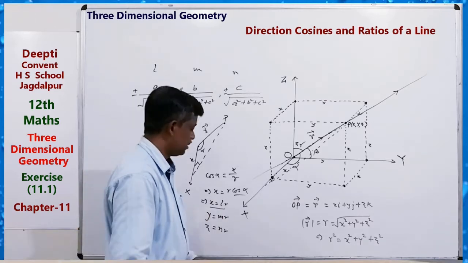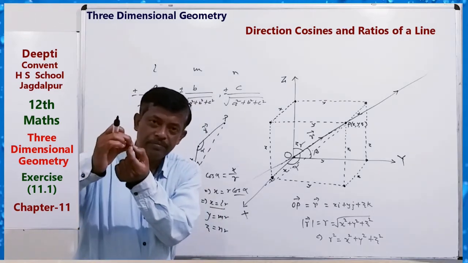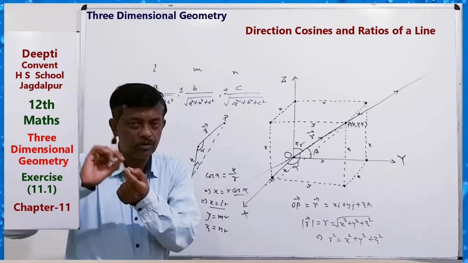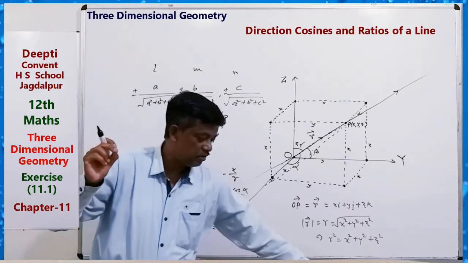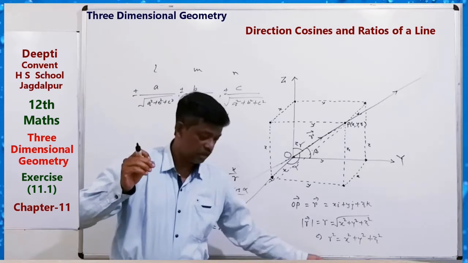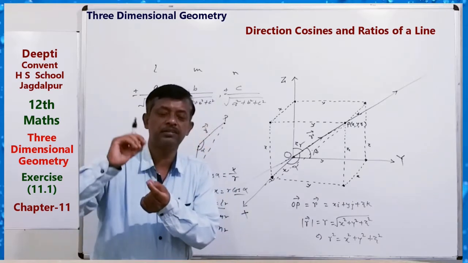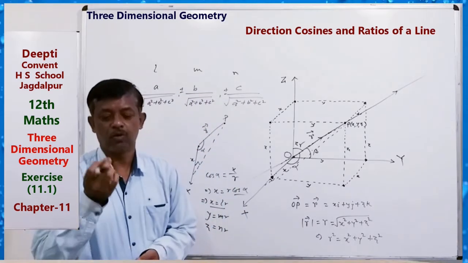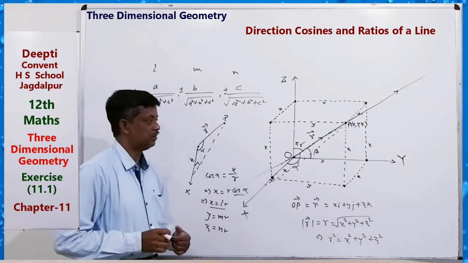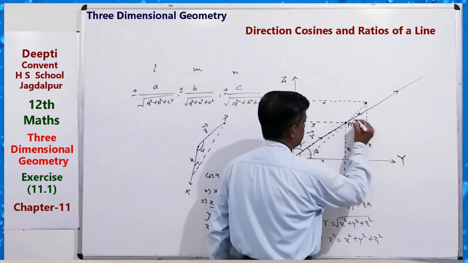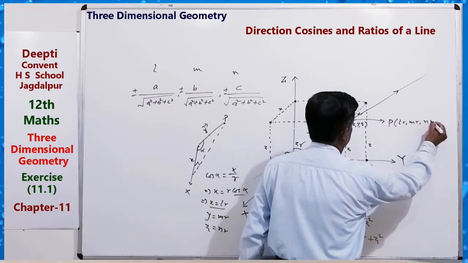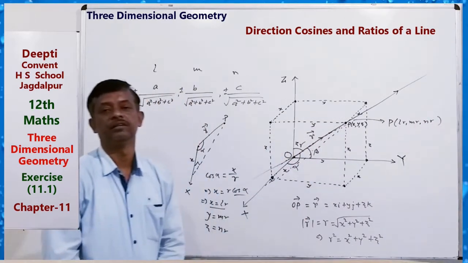If we know this is a point with x, y, z coordinates, then the coordinates can be written for the line through the origin, with this point connected to the origin. This line having direction cosines, then the coordinates can be written as LR, MR, NR. That is, this point can be written as P (LR, MR, NR) if we know this angle alpha.